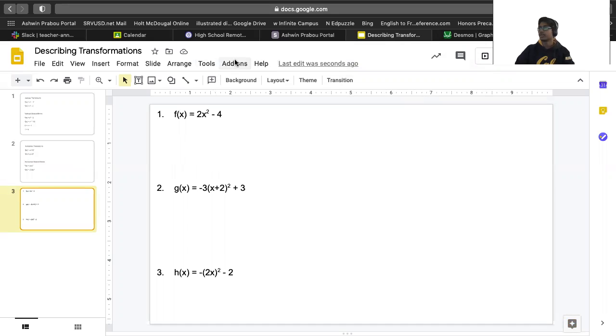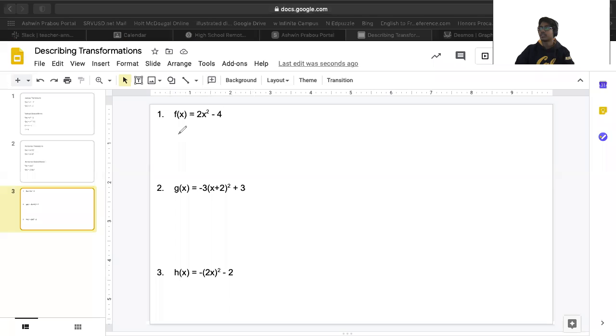The first problem we are given here is 2x squared minus 4. So based on what we've learned, we know that minus 4 would equal down 4, and that this right here, the 2, would be a vertical stretch by 2. So we can just graph this.